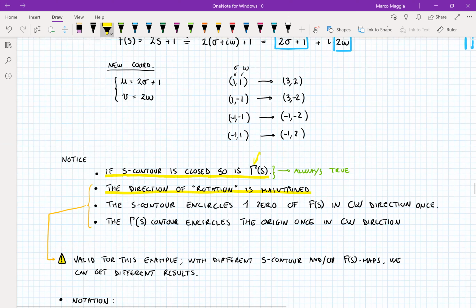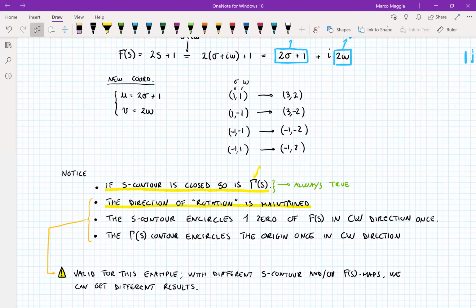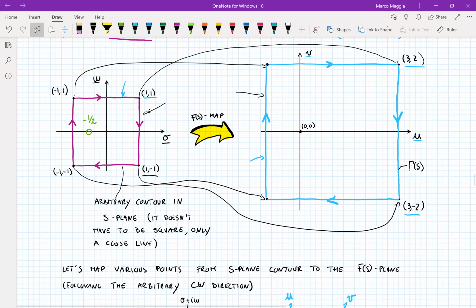Then another thing that we can notice, and we will see that it will be useful later, is that the S contour encircles, means goes around, one zero of f of s in the clockwise direction. What does that mean? It means that we have a zero at minus 1/2, and we chose the contour to encircle such zero. And how many times does it encircle? Just once.